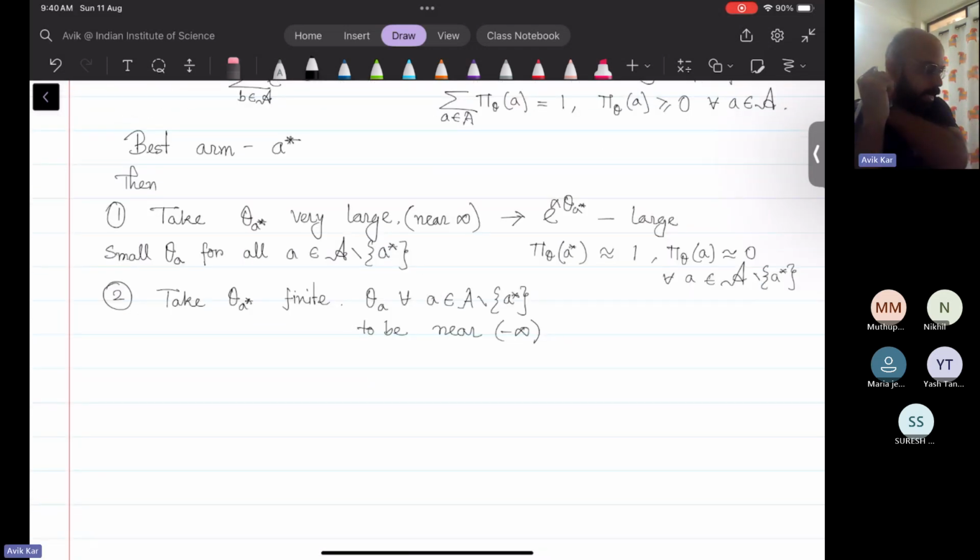So the idea is, when you are starting, you do not know which arm is the best.